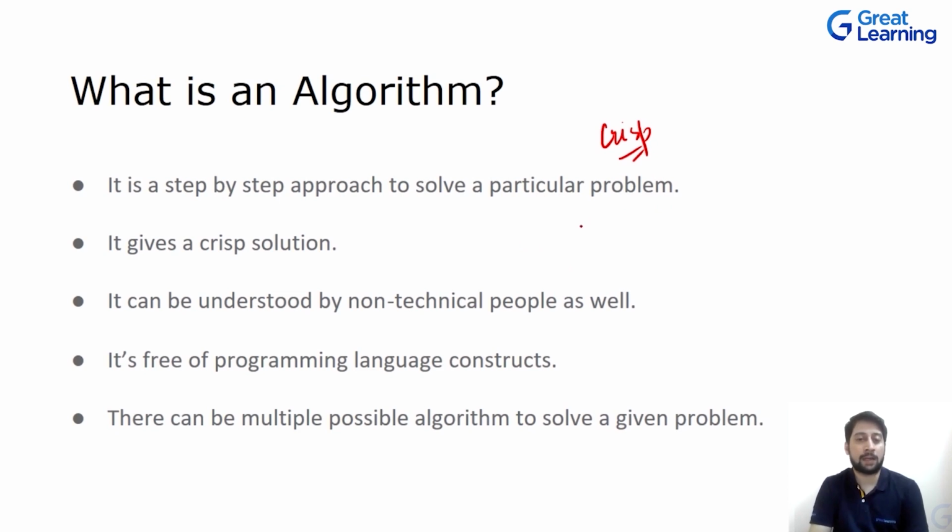And when you are writing an algorithm, it should be understood by a non-technical person. There should be no such language dependency in your algorithm, right? So this is what an algorithm is, a step-by-step approach to solve a particular problem.